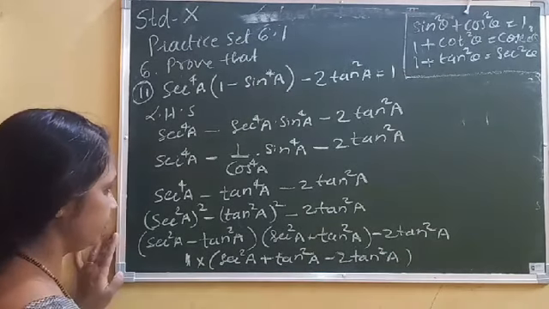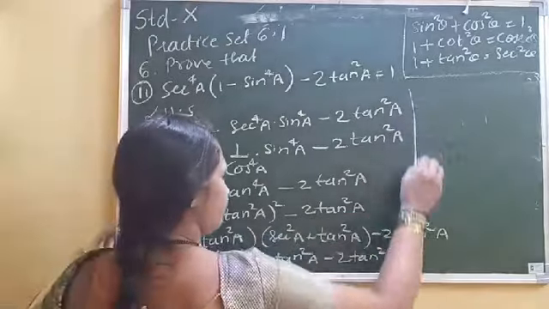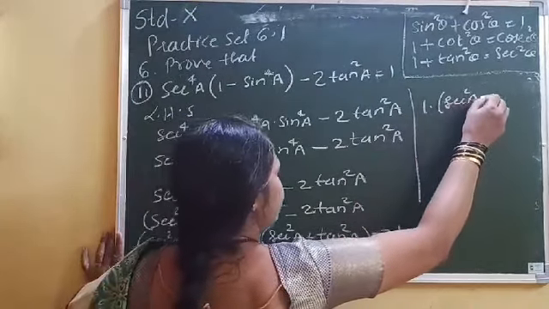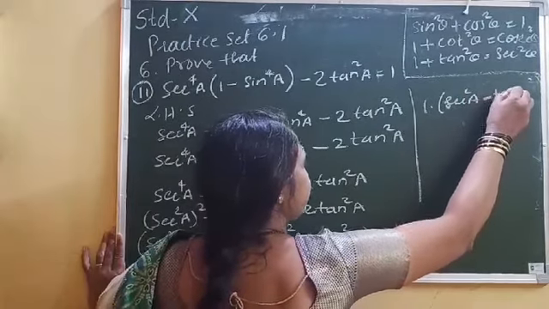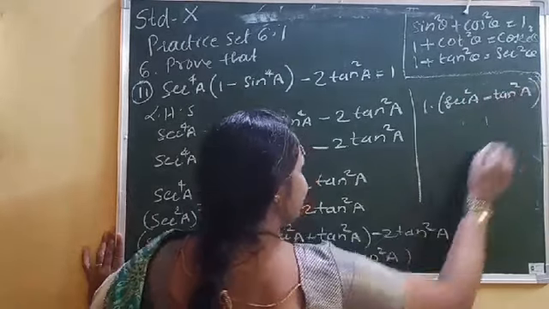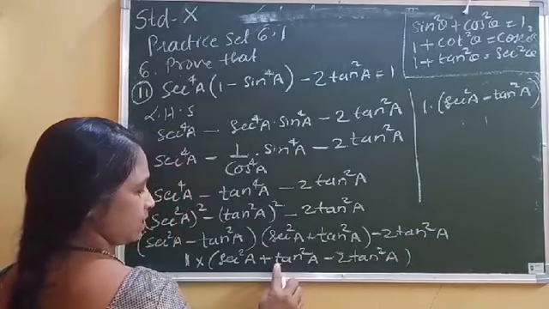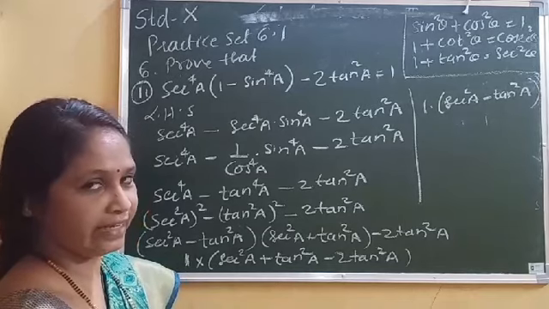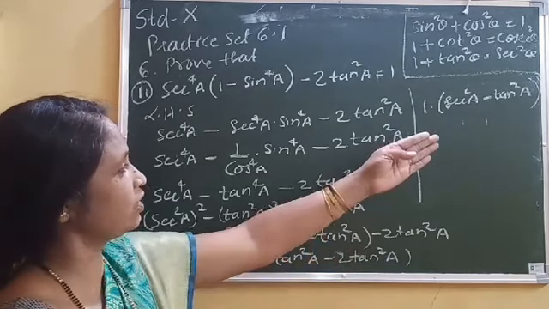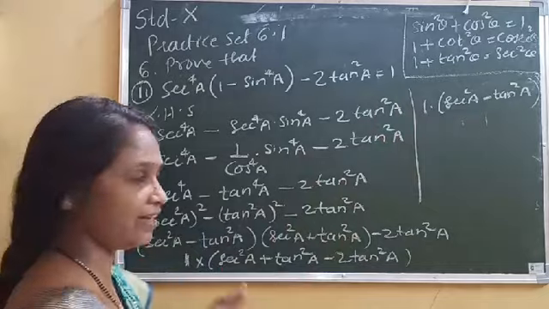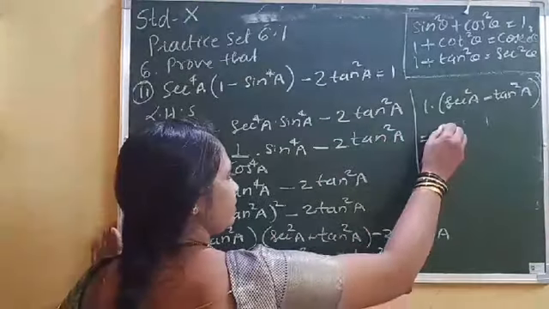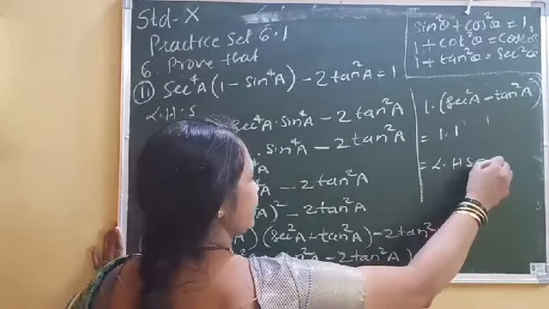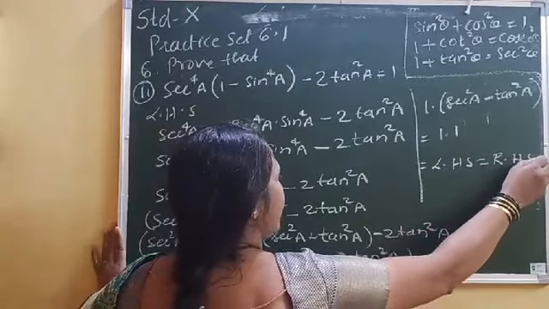So it will be equal to 1 into sec square a minus tan square a. See, from this 2, 1 we will subtract, so what remains is minus tan square a. Means we got sec square a minus tan square a, again it is 1 into 1. Therefore LHS is equal to RHS.